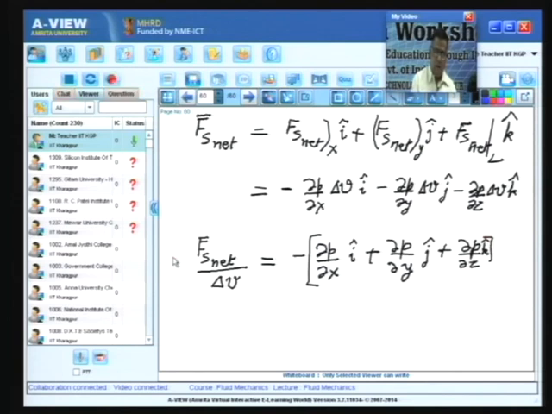And of course, there are higher order terms. So, this is true only in the limit delta V going to 0. So, this I can write as minus grad of p, or I can write it as minus grad of p.